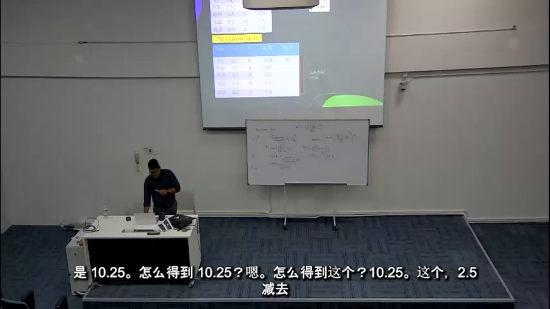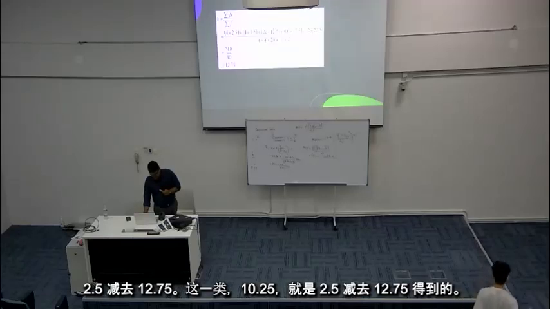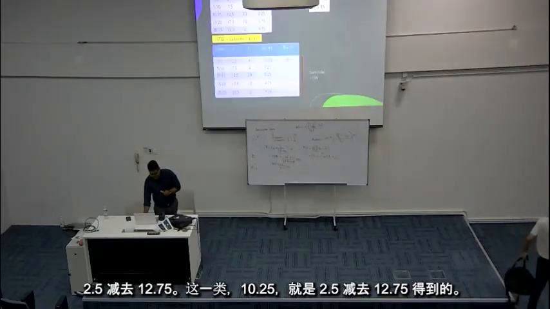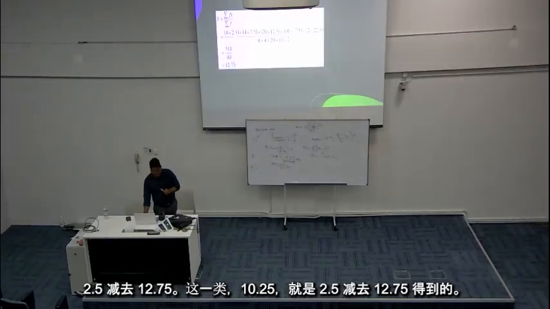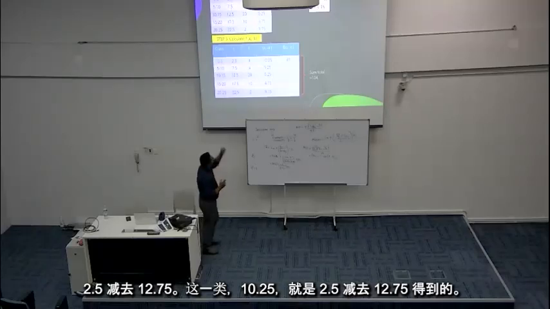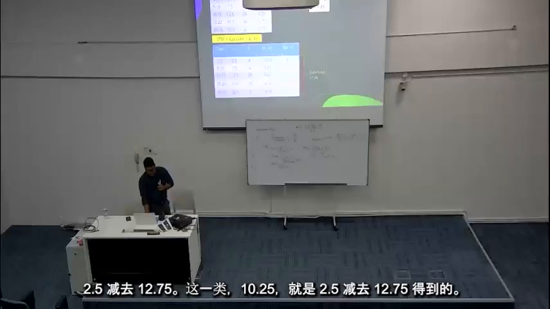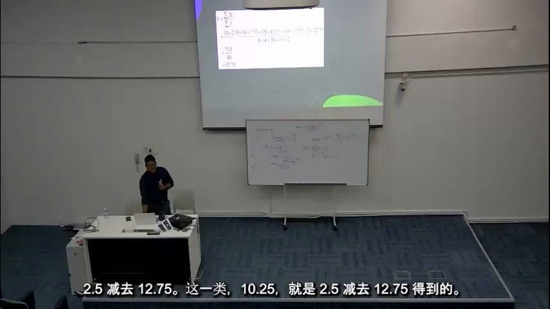How to get this one, 10.25? You get it from 2.5 minus 12.75.